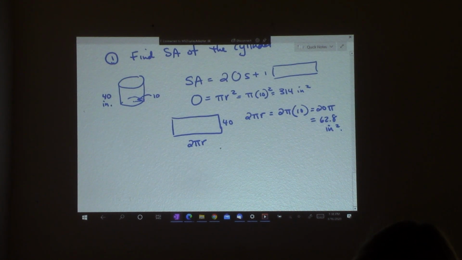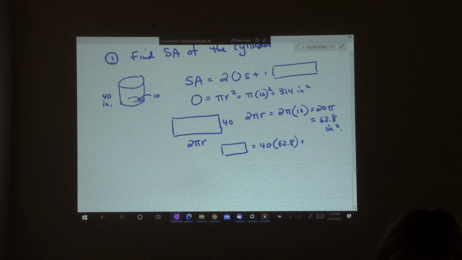Now, the area of this rectangle is going to be 40 times 62.8, which is 2,512. Okay, so we go back.